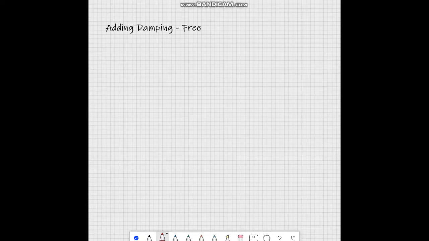Damping means your force or your motion is going to fade over time. How are we adding damping in the system? We will add viscous friction. Okay, so let's say viscous friction for the system.